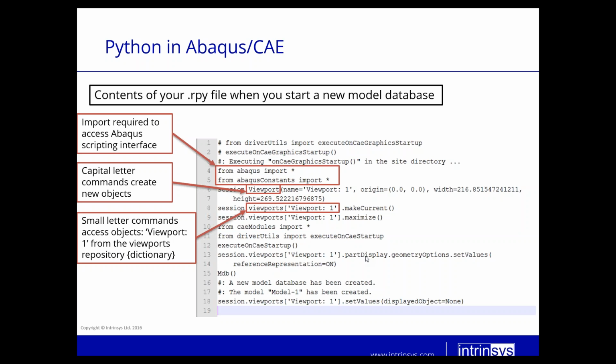Then what we're going to do is we would change the part display, so we would be able to see something on the screen. Then we would generate a new model database, and finally we would set the viewport to display nothing at the moment. So as we are familiar with Abaqus CAE, once we run this, these are the commands that we see.